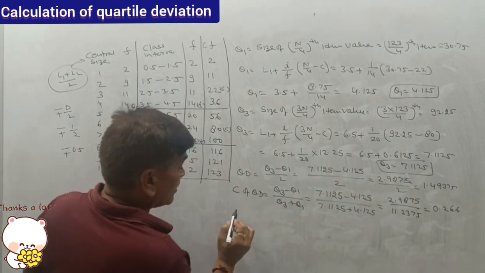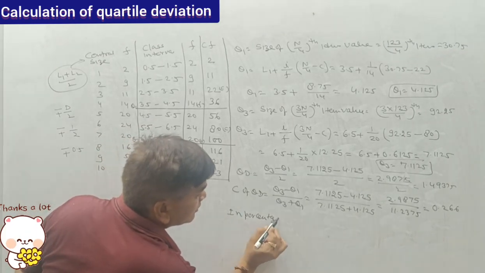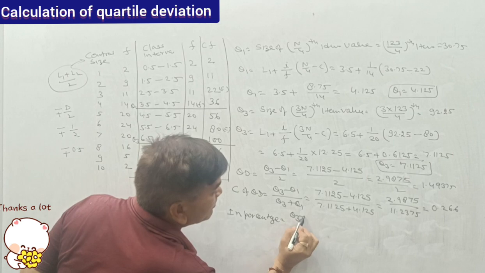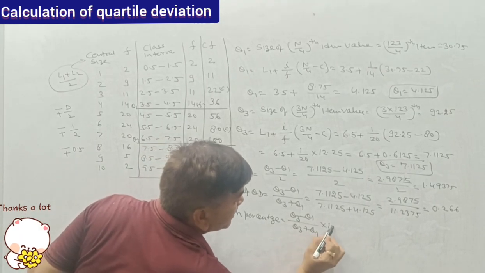0.266. In percentage, Q3 minus Q1 upon Q3 plus Q1 multiplied by 100.